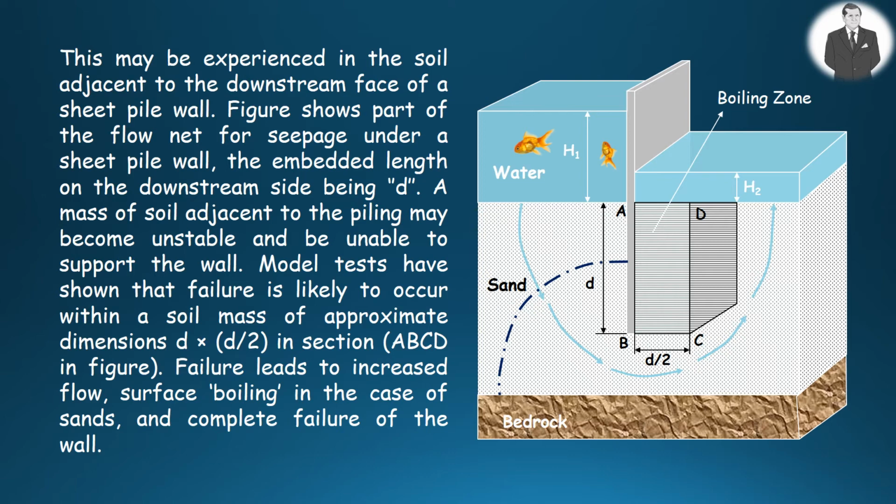Model tests have shown that failure probably takes place within a soil mass of about D times D over 2 in section, as illustrated in the figure. Failure leads to surface boiling and total failure of the wall.